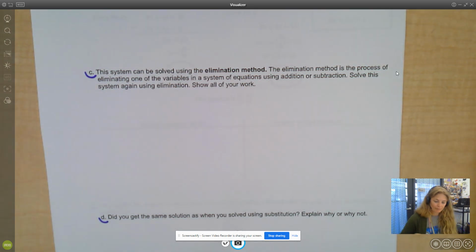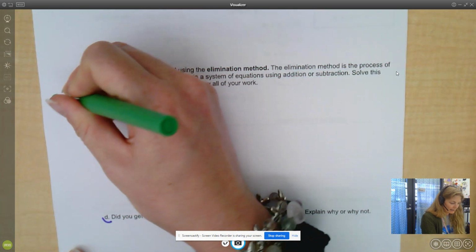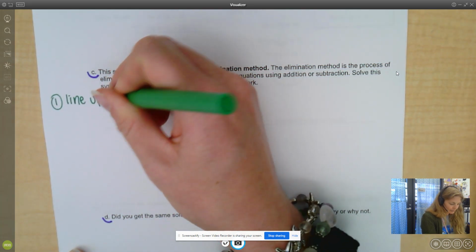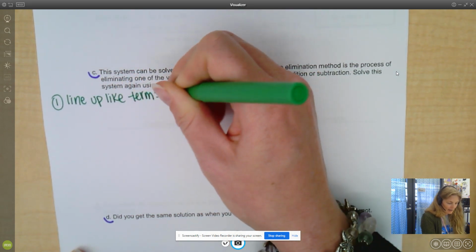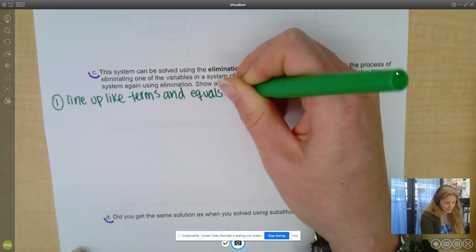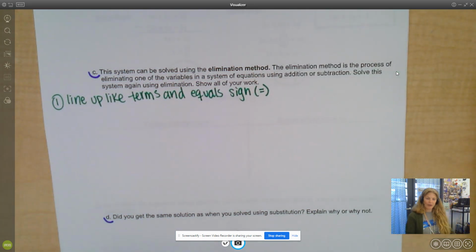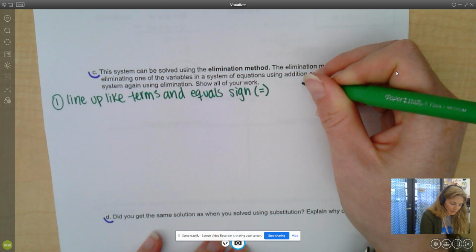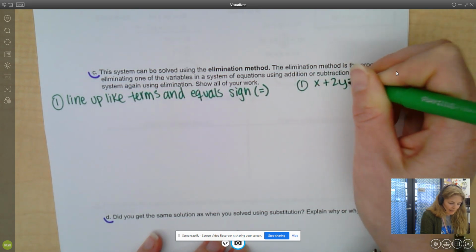So what we're going to do is write out the steps to solve using elimination. The first step is always going to be to line up your like terms and your equal sign. So step 1, if we take a look at our equations, we're going to rewrite them. Equation 1, I'm going to leave as x plus 2y equals 19.